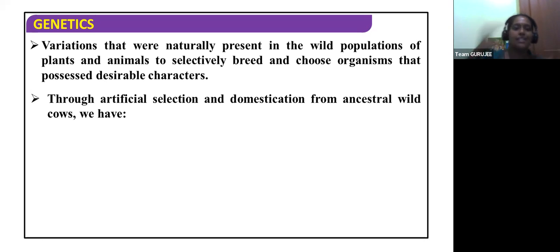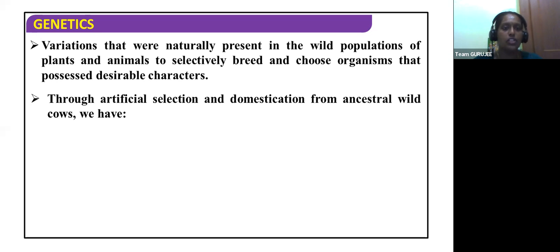For example, there is a cow in India and a cow in America. What did they do? They bred both of them artificially so that in the Indian weather, these organisms are capable of producing a lot of milk, not of high quality. We are not worried about the quality of milk, but the quantity of milk was more, 400 liters, 300 liters. So that was the idea.